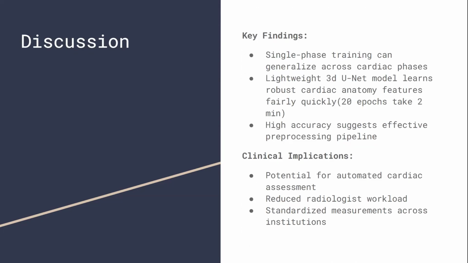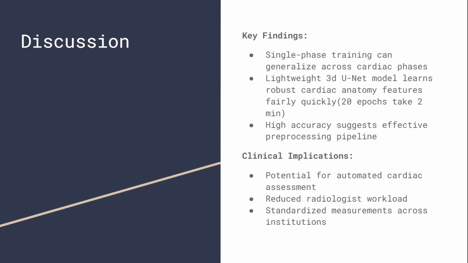So to our discussion. The key finding that is surprising to me is that even though we train on only a single phase, it can generalize across cardiac phases. And since we only use this very lightweight 3D U-Net model, it learns the anatomy features fairly quickly.